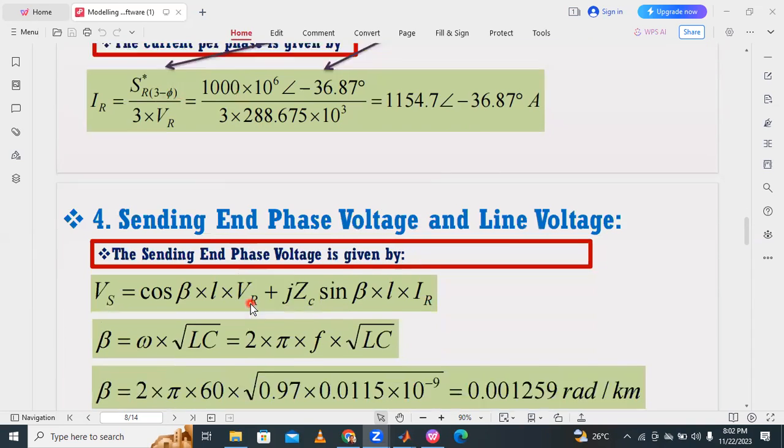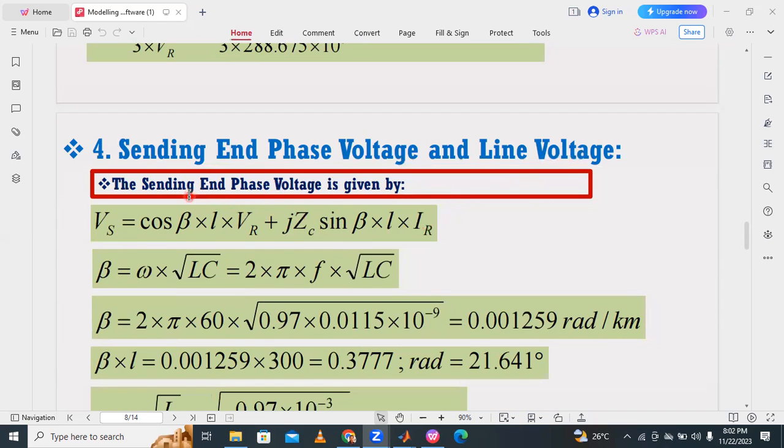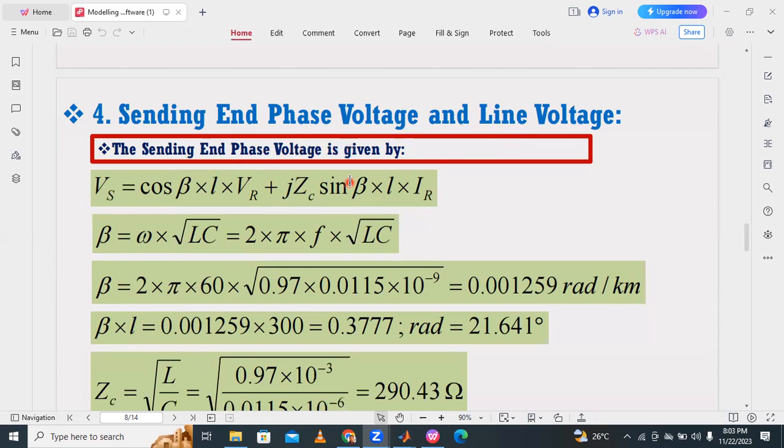The next, coming to the sending end phase voltage and line voltage. From the long transmission line formulas, sending end voltage is equal to cos beta L into VR plus j into ZC into sin beta L into IR. This is called VS. And beta is equal to omega into root LC. Omega is equal to 2 pi f.